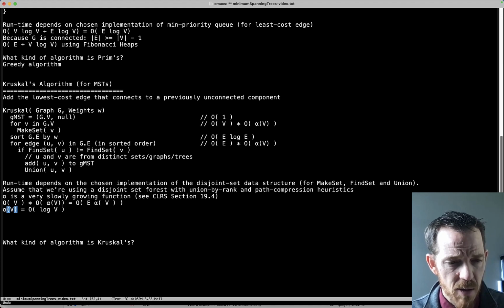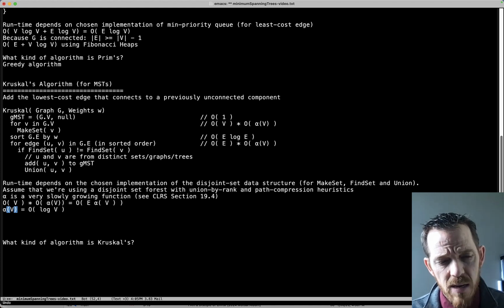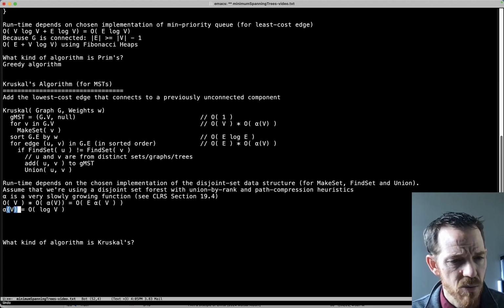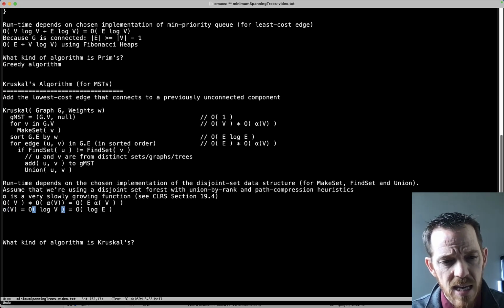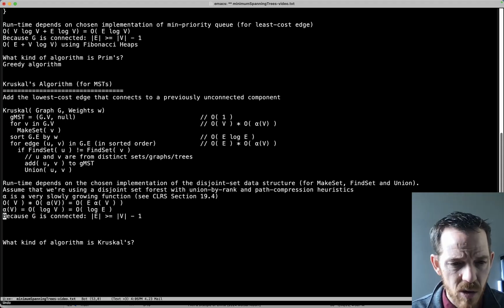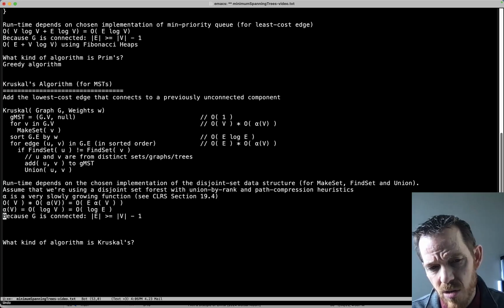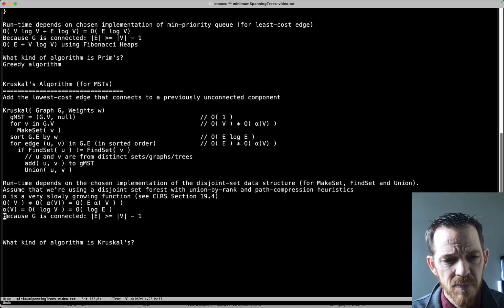Based on what we've talked about before, we can even simplify alpha of V. Since it's a very slow growing function, we can say it's on the order of log V, and then we could even say log E here because G is connected, and so we know that E is larger than V minus 1.